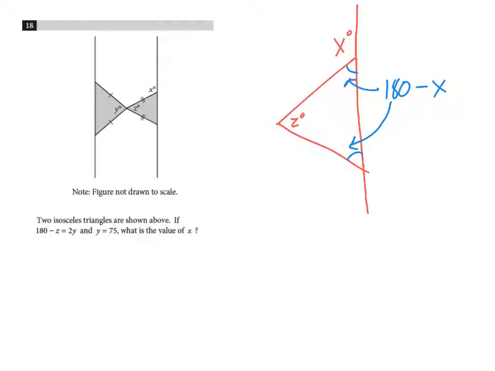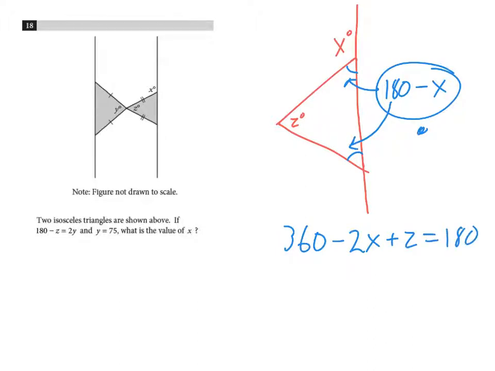Okay, so we know that 2 of these and z must equal 180. So 2 of these guys right here, well, that's going to be 360 minus 2x plus z. Well, we know that must equal 180. We also know that 180 minus z equals 2y.